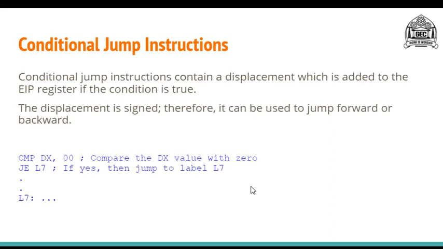But if the displacement factor is negative, then your jump will take the control backwards in your program logic. So for positive displacement, the logic will jump ahead, and for negative displacement, the logic will jump backwards. This is how the displacement factor decides in which direction the conditional jump transfers its control.